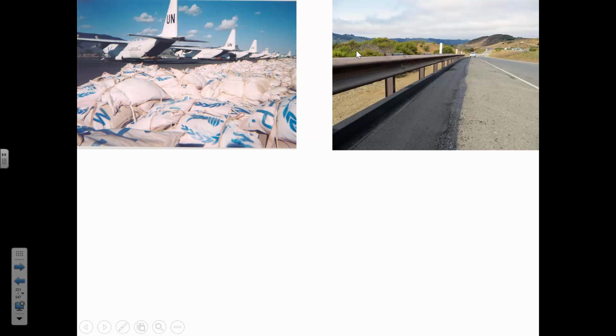It would be cheaper if that guardrail wasn't there. But there must be some value to preventing accidents and reducing the risk of injury and loss of life, where the people who are paying for that guardrail aren't necessarily the ones who are benefiting.